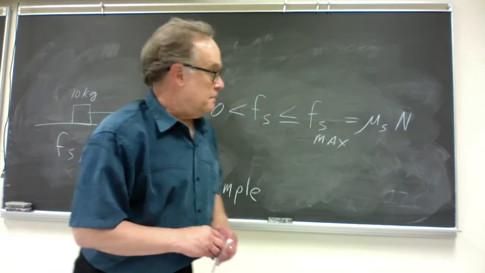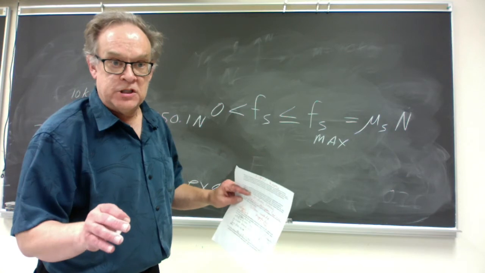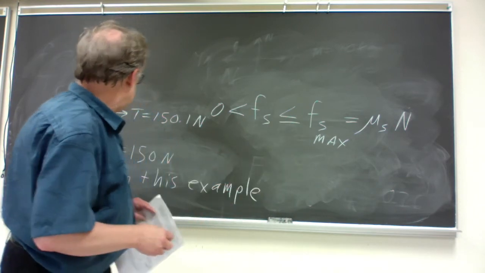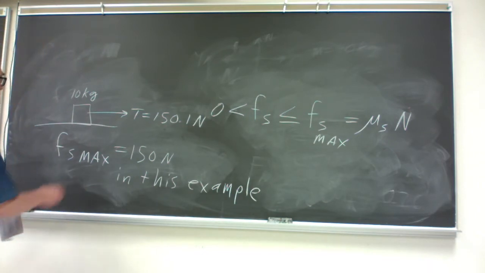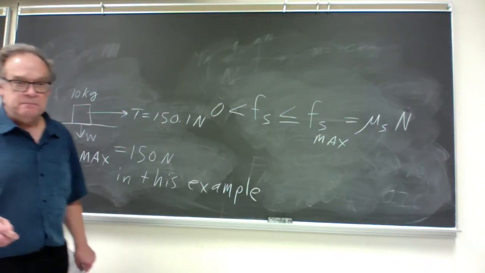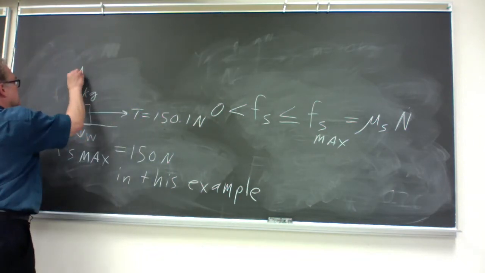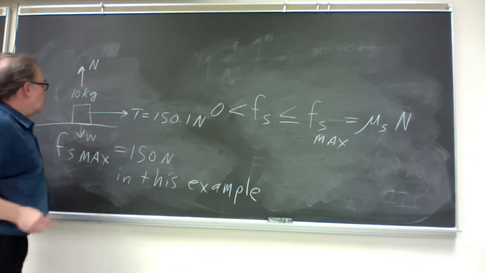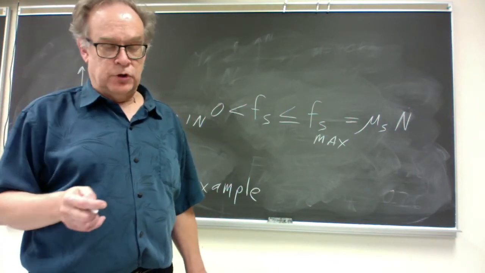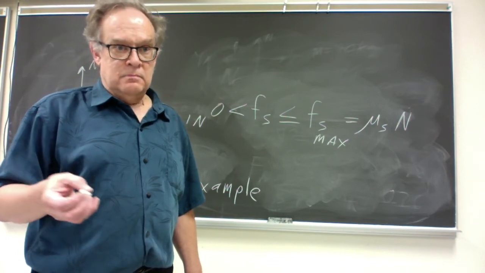So that, and of course, remember that normal force is coming from the same surface that is the source of this friction force. So we've still got the weight of the crate, and we've still got the normal force from that surface, the floor.